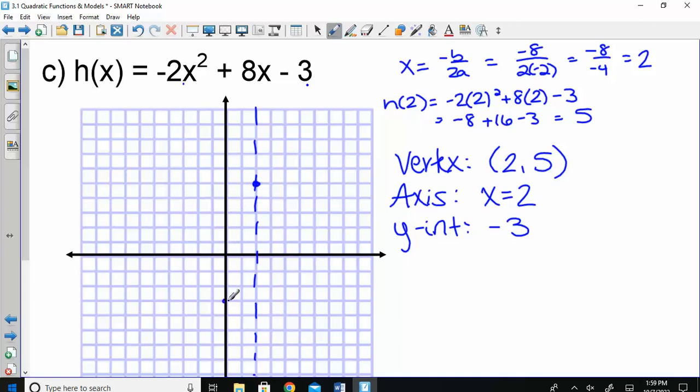With the y-intercept at -3. So to get my third point, that's 2 away from my axis, so go 2 the other direction. And then maybe draw a slightly better graph than I did there. I missed my point.